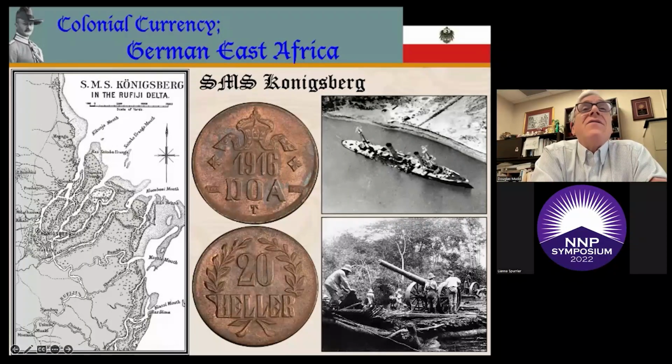In early 1915, British patrols were too prevalent. So what they decided to do was send the Königsberg down south to the Rufiji River Delta, which was a huge delta area, essentially 100 miles or more across the whole of the region.